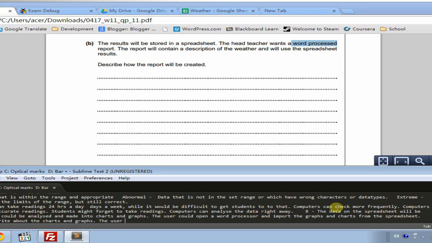The user could format the page to make it suitable for the report. Okay, so that's probably a bit more than you need.